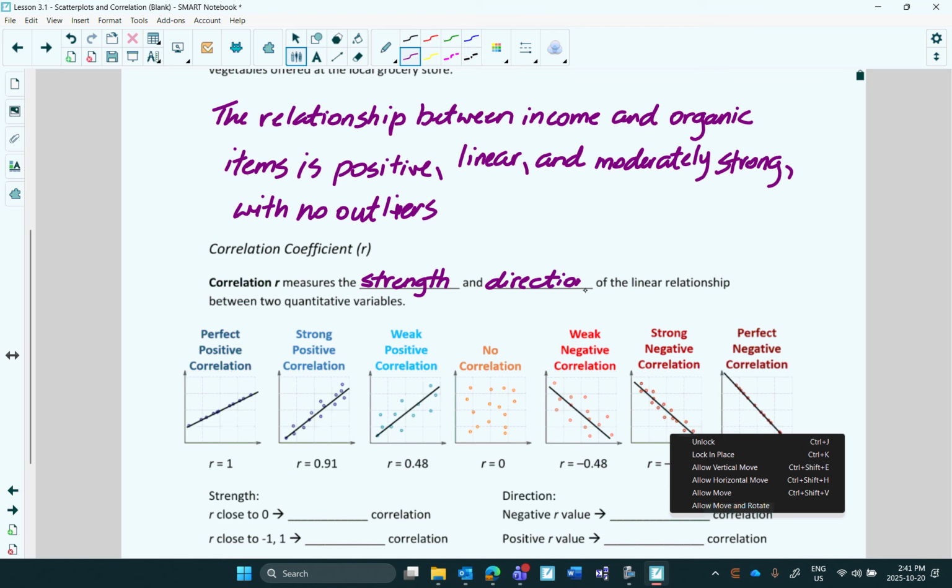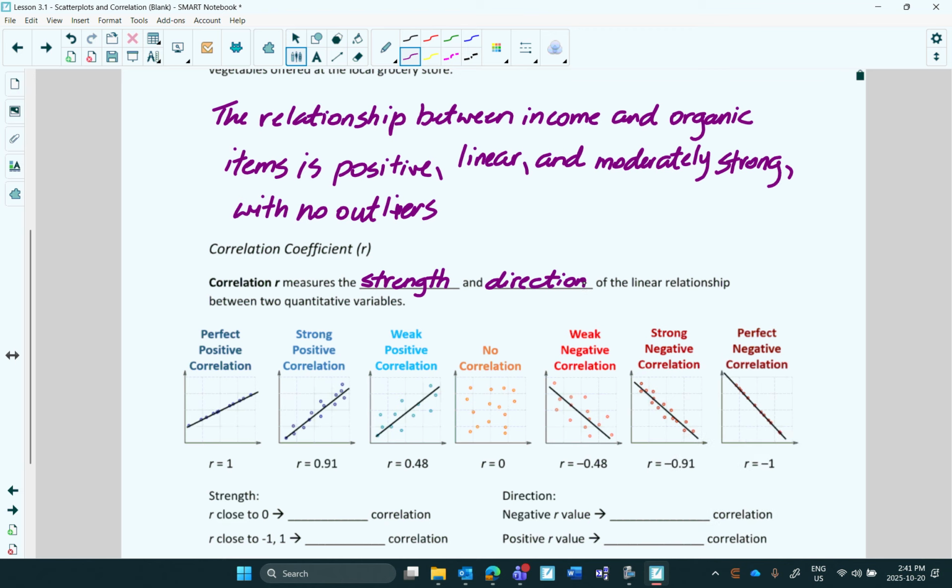This number will always be from -1 to 1. 1 means a perfect positive correlation. -1 means a perfect negative, just like you see here.